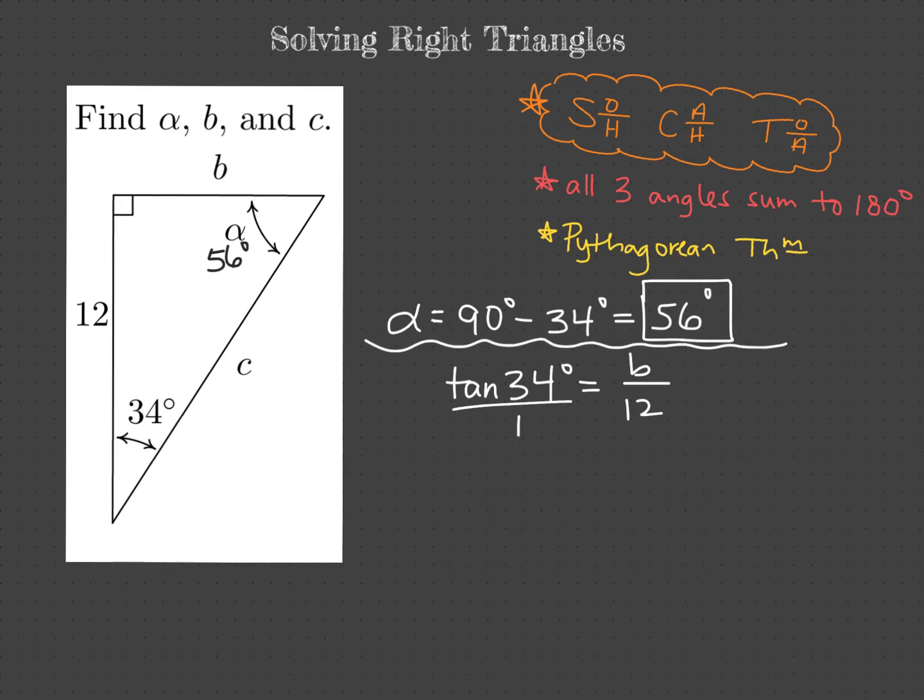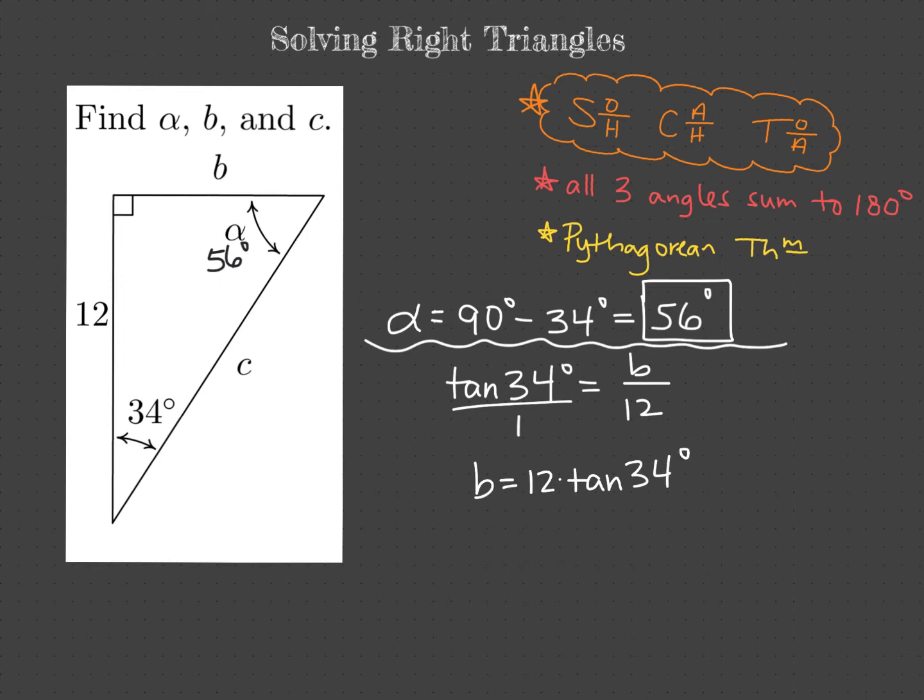The reason I do that is because sometimes the variable that we're looking to find might be in the denominator. So this is a surefire way to make sure that we get what we need. So when we cross multiply, we'll get 1B equals 12 times the tangent of 34, what we would have gotten anyway if we multiplied both sides by 12.